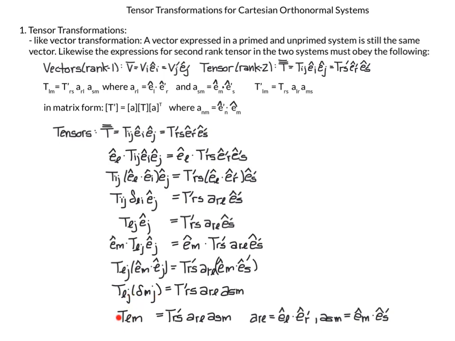So that tells us our Lm component of our tensor in the unprimed system is equal to the primed system, Rs, times these two matrices. And we said that our first matrix, A_RL, where did we get that, here, was dotting the Lth component in the unprimed system with the Rth component in the primed system.